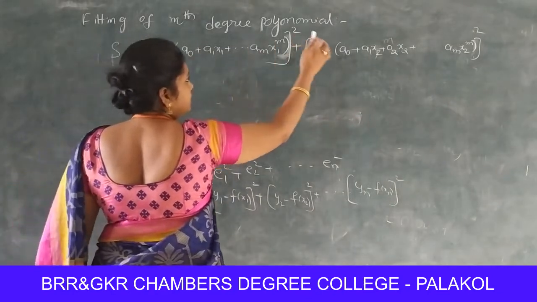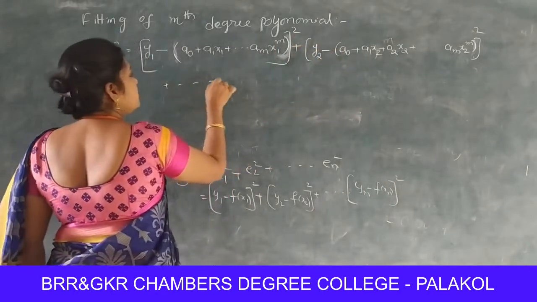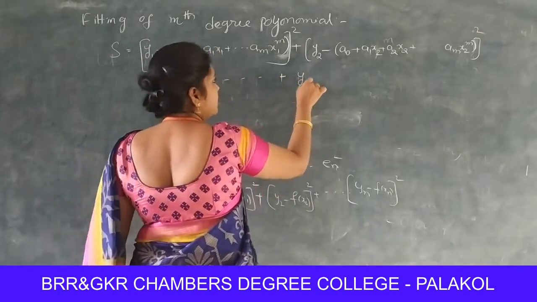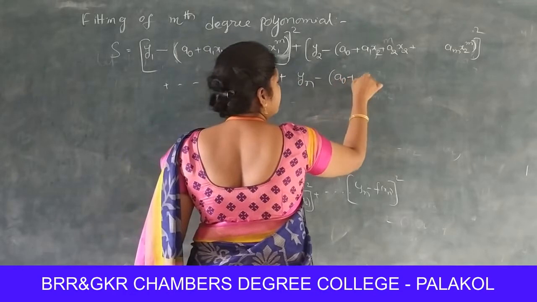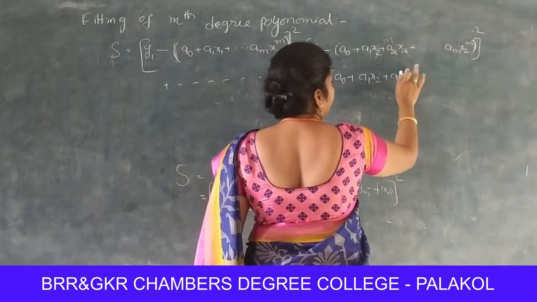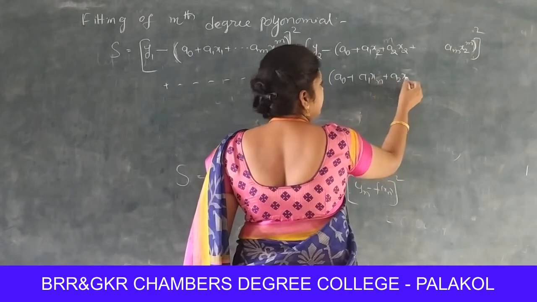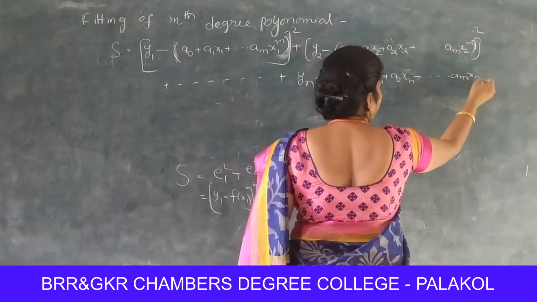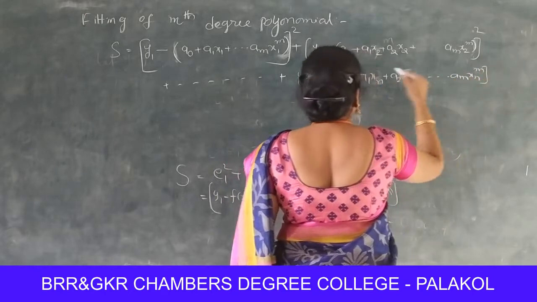This is E1 square plus E2 square and so on En square, ending with yn minus a0 plus a1 xn and so on am xn power m, whole square.